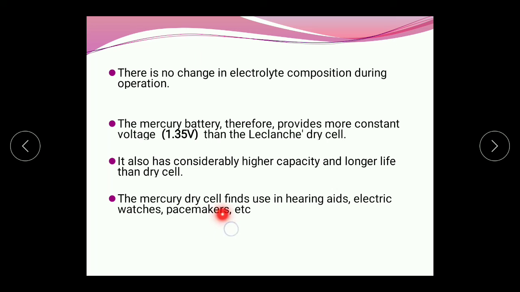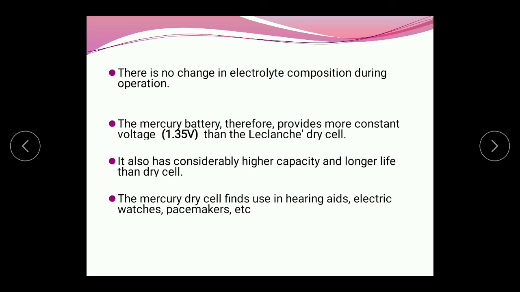The mercury dry cell finds use in hearing aids, electric watches, and pacemakers. Because of the longer life, it is more beneficial. So, this is all about the mercury battery and all about today's session.